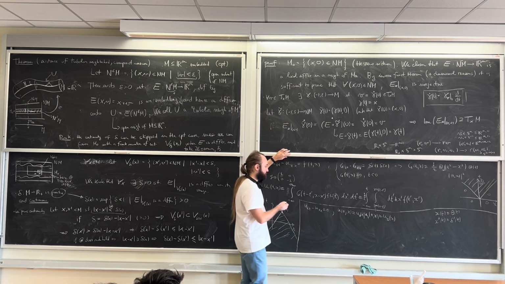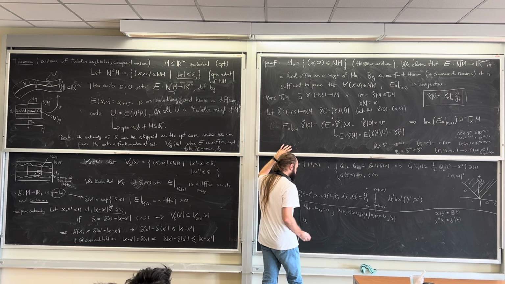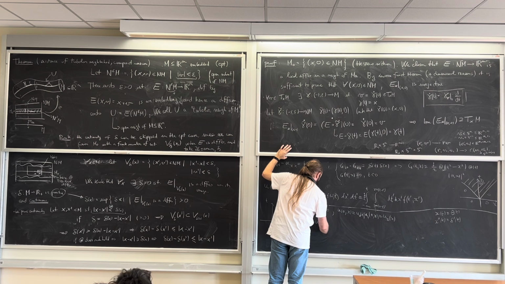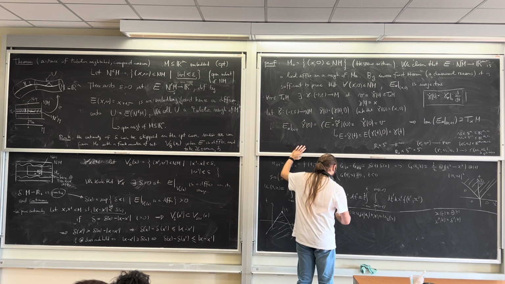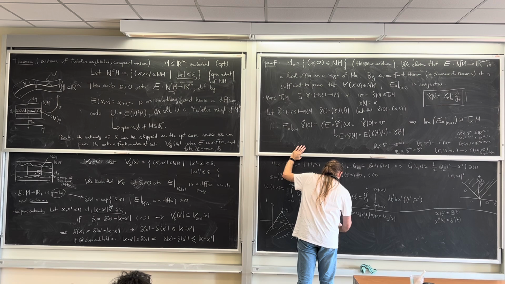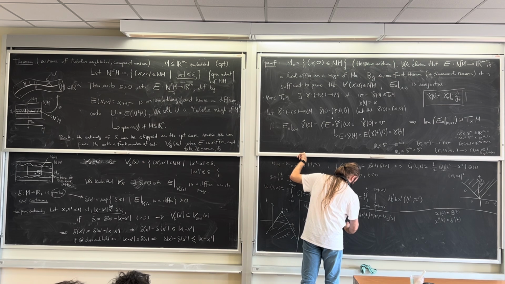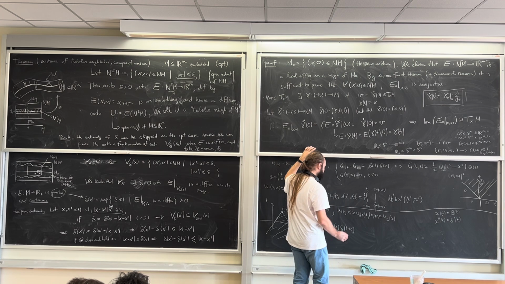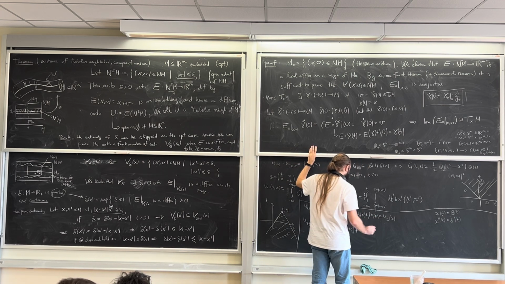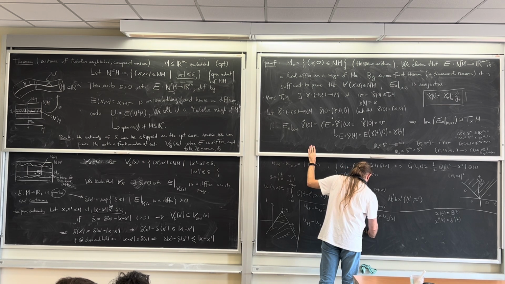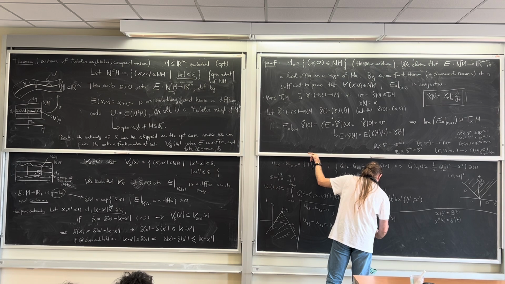So let us just solve the following equation: u_tt minus u_xx equals u1 of x delta of t plus epsilon, plus u0 of x delta prime of t plus epsilon.